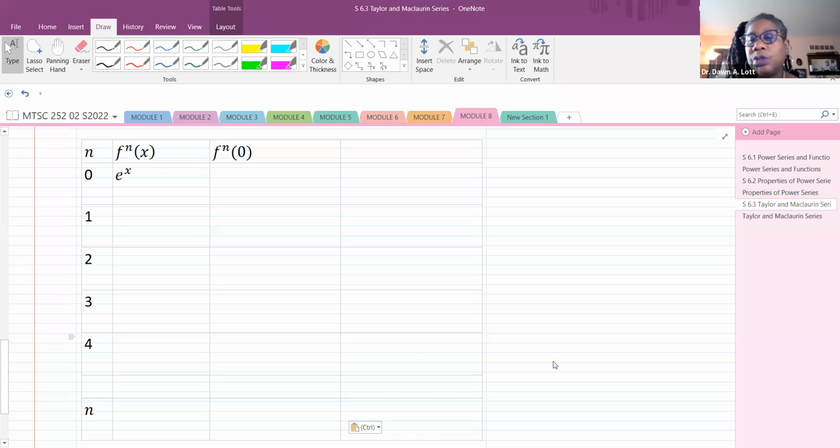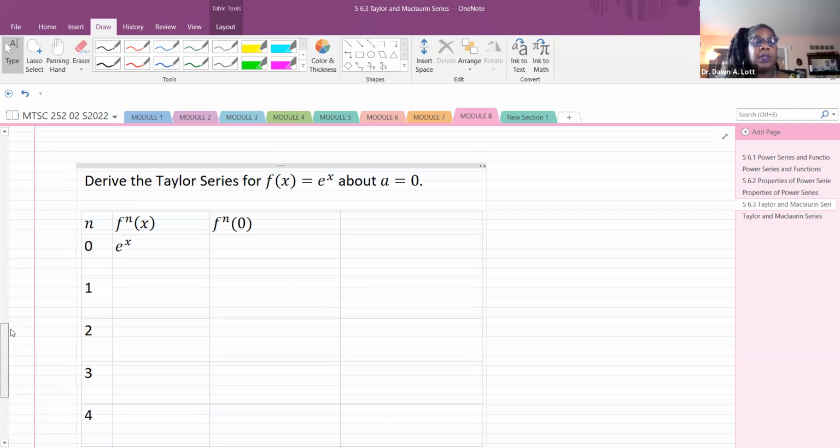In order to do that, I need to make a chart. So I would like you to also make a chart. That means you're going to derive the Taylor series for f of x equal to the function e to the x about a equals 0. So please commence on doing your chart.